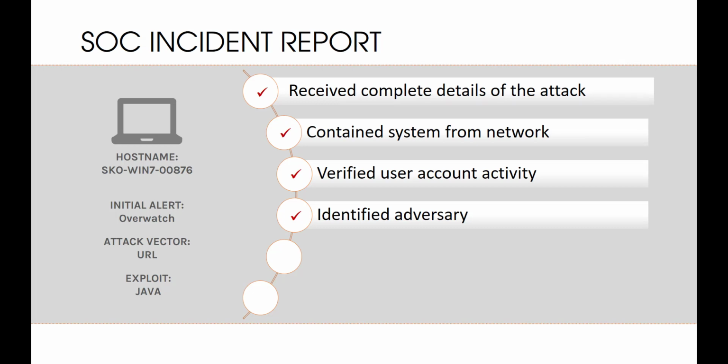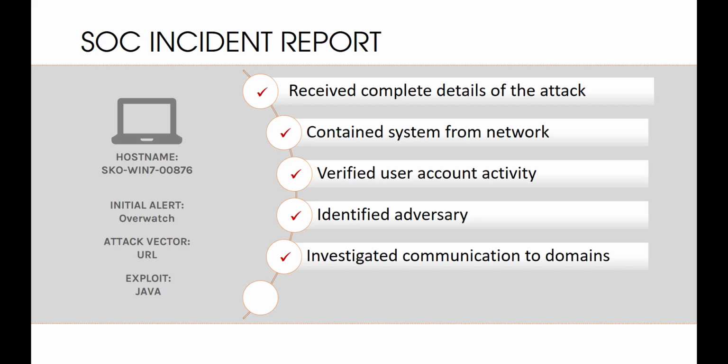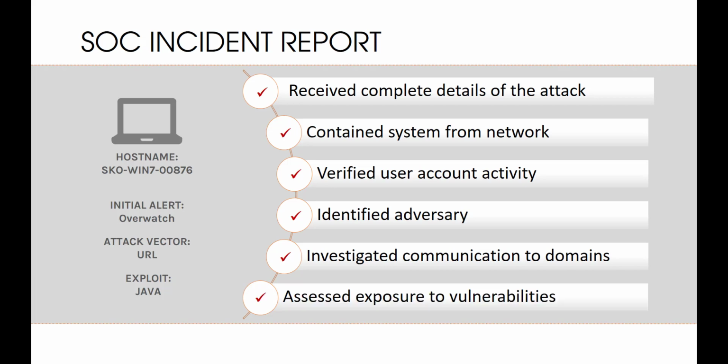The intel details gave us additional information to understand our adversary and better protect the rest of our environment. We were able to confirm that none of our other systems had tried to establish communication with Dynamite Panda's commonly used command and control servers. And lastly, based on the CVEs that Dynamite Panda often uses, we were able to determine that 4 systems require immediate patching.